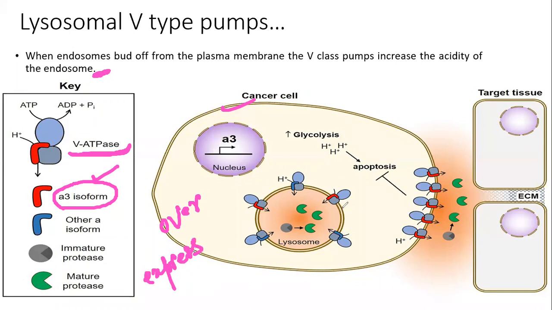Now you see that in the case of cancer cell, what they have done is they have increased the rate of glycolysis. Okay, so I have got the H plus in high concentration, which is acidifying your cellular pH, correct? Now this can lead to apoptosis, but this has been stopped or inhibited because the lysosome is taking up all the H plus inside.